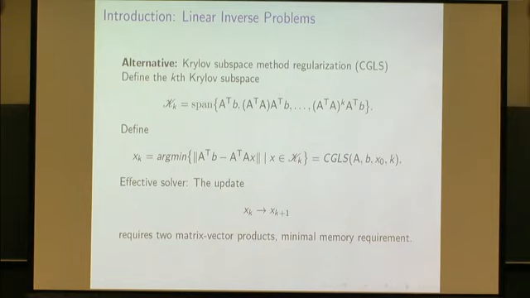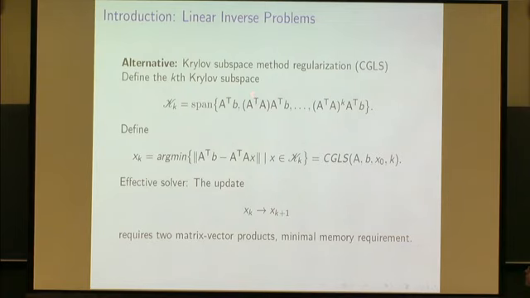Then you start forming these spanning vectors. You take your A transpose b, which is essentially the unfiltered back projection if you want to talk about tomography, and then you iterate with A transpose A several times, and so you get this Krylov subspace K_k, which is the span of those vectors.